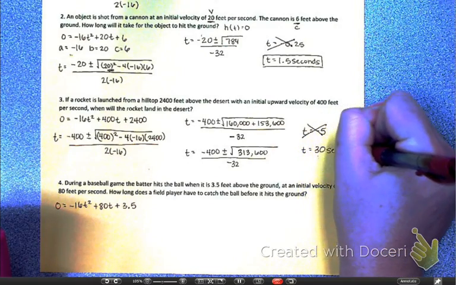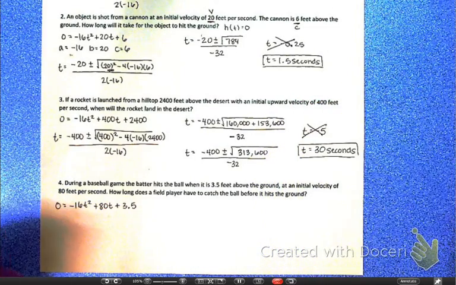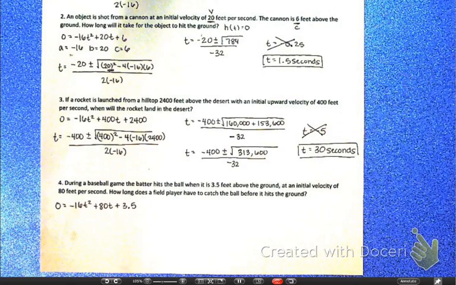And then negative 400 minus the square root of that, and I get a positive 30. Do you have those two answers? Yep. So negative 5 we can't use, and it should be 30 seconds.